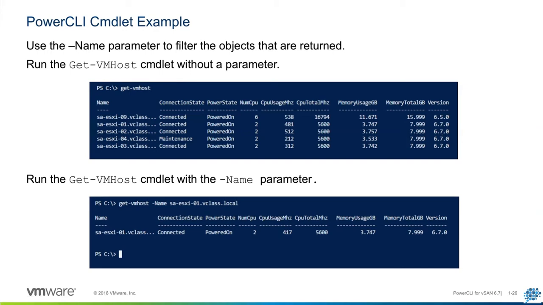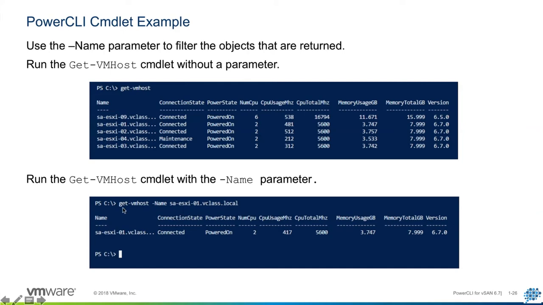However, most of the time we don't want to see all the information in the inventory. We want to look at only one particular host. That is where the parameters prove to be useful. Here I'm going to specify the name parameter, and I'm going to specify the name of one particular ESXi host.